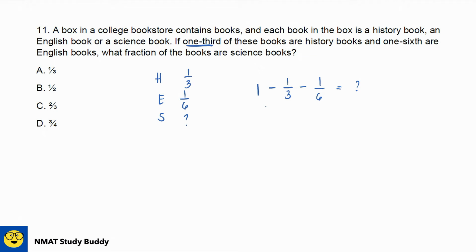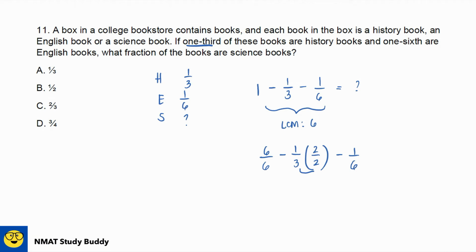Since yung LCM nito is equal to 6, kailangan yung lahat ng denominators nila should become 6 para ma-subtract natin yung numerator nila. So, yung 1 can also be written as 6/6 kasi any number divided by itself is equal to 1. Tapos, yung 1/3, pwede natin multiply to 2/2 para maging 6 yung denominator, minus 1/6.